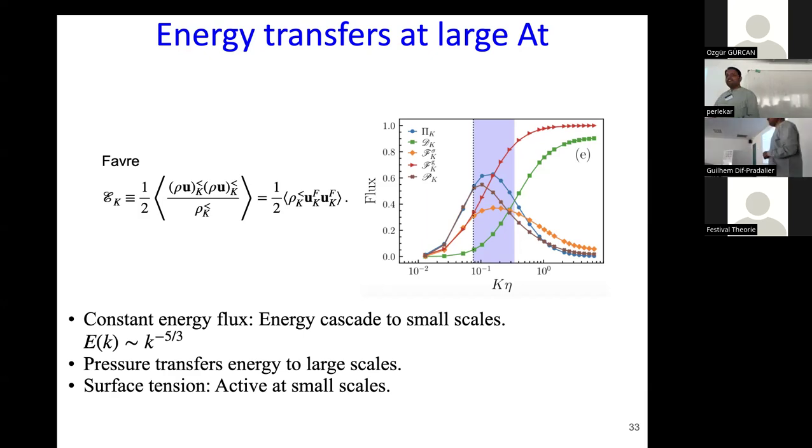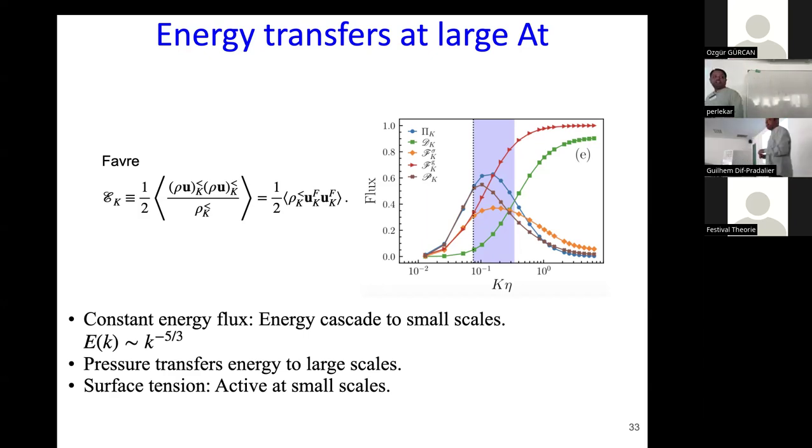And I think with this particular message that there are differences between low Atwood number and high Atwood number, although in your small scale statistics, you might not see them. There is a mechanism which hasn't been looked at in so much detail for the kind of flows I was looking at. But then I figured out that people who do very high Mach number variable density flows have alluded to some of these things in their work, right?